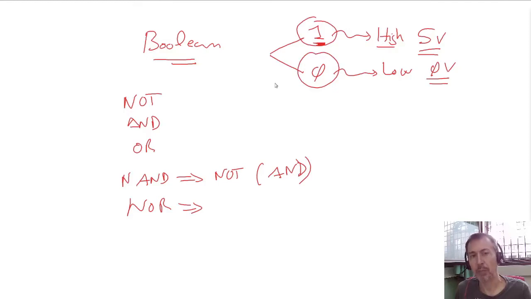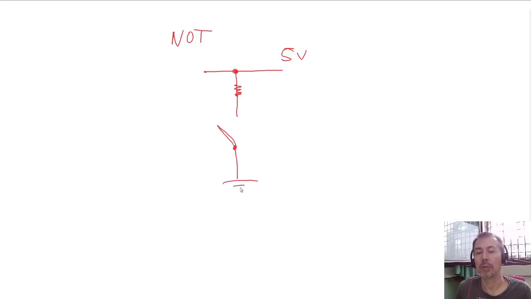So, for example, how can we make a circuit to perform a NOT, the simplest one? Well, imagine that we have here a point at 5 volts. We have a wire, an open switch, a resistor here. We always need a resistor, and the ground, which is 0 volts.